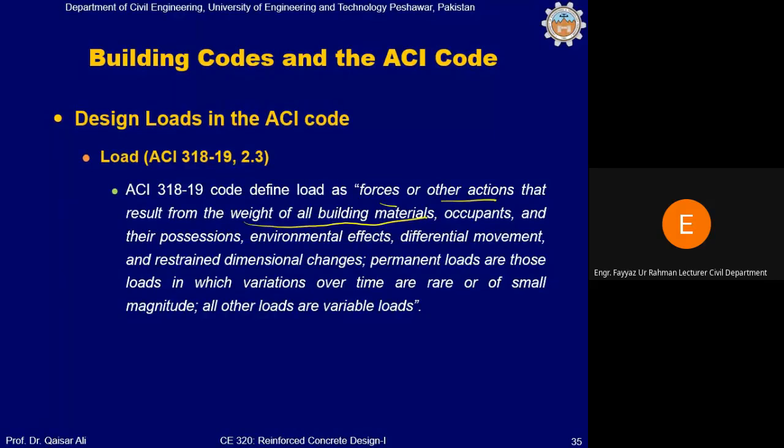Clear? It is also a type of dead load. Similarly, the load of the occupants and their possessions, meaning chairs, tables, beds, etc. Environmental effects, such as snow loads, wind load, etc. Differential movements, for example, settlement of supports. Restrained dimensional changes, for example, creep and shrinkage stresses.